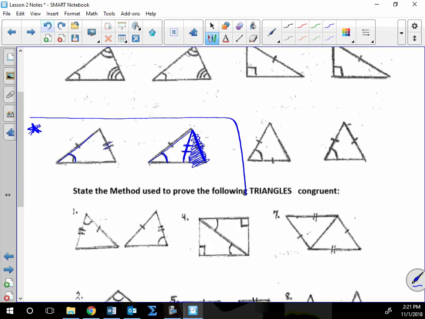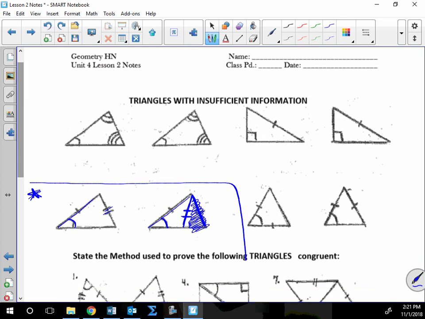Okay, questions with that? While we're here, let's go ahead and talk about the rest of these. So these are examples of triangles with insufficient information. All right, this first set here, we have angle, angle, angle, angle, angle, angle. I want you to turn and talk to your shoulder partner for 30 seconds. Why does this not guarantee that they're congruent?